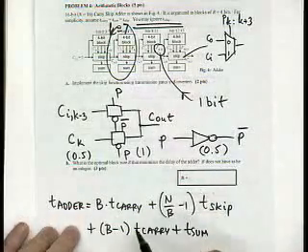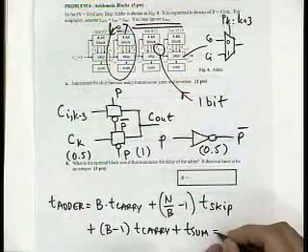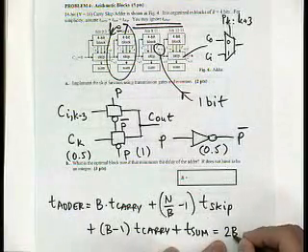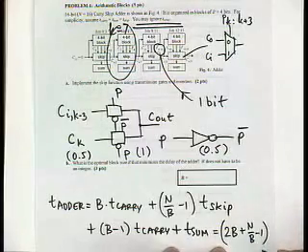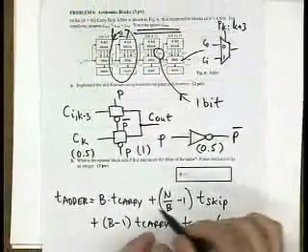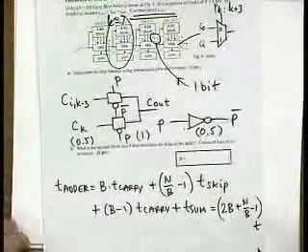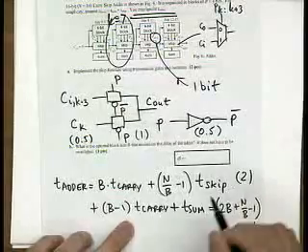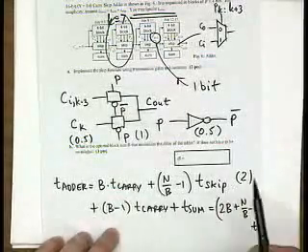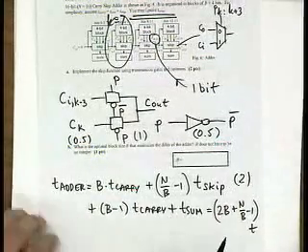So now since all of these delays are equal, this is simplified to 2b plus n over b minus 1 times t, and t is equal to all of these little delays. And you have 2 points for this, roughly about half point for each of the terms that you got correct.